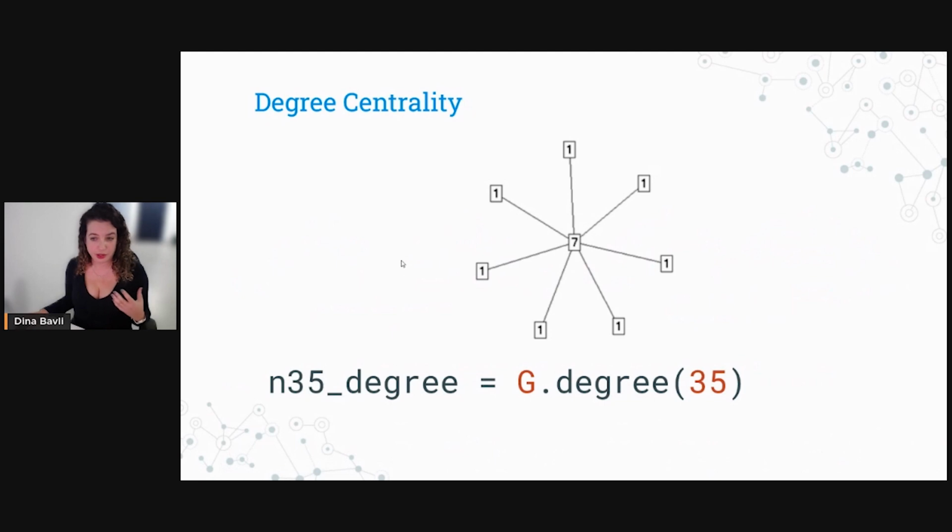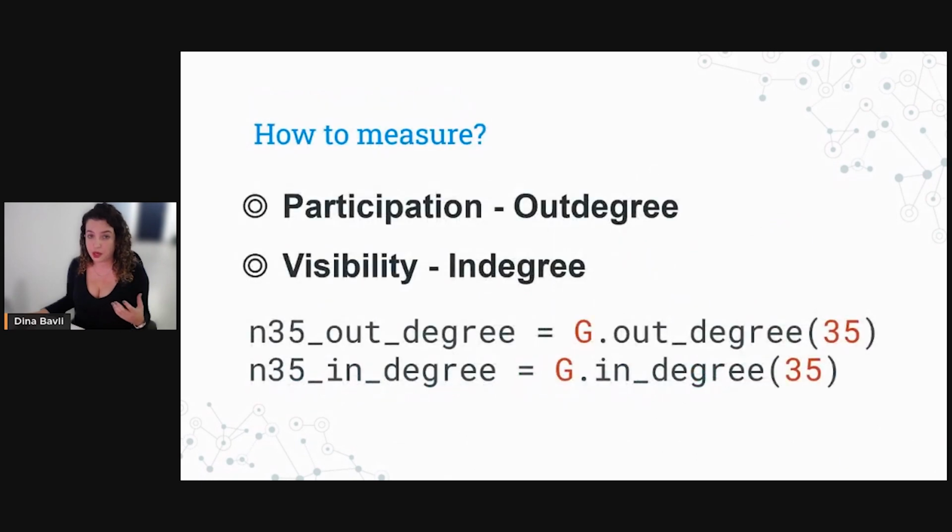When we're talking about degrees and centrality degrees, we want to see the number of arcs that come out of a node. And when we are measuring participation, we are measuring the out degree. And when we are measuring visibility, we're measuring the in degree of a specific node, of a specific user. Out degree is how many tweets a user has, and visibility and in degree is how many mentions a user gets.